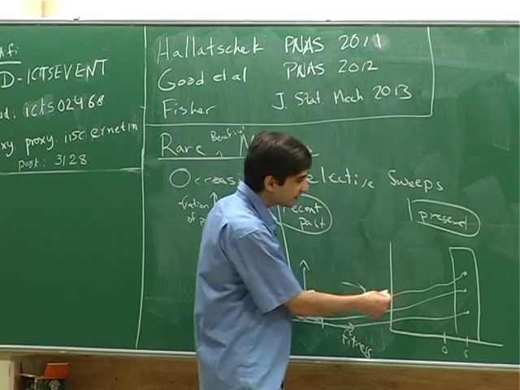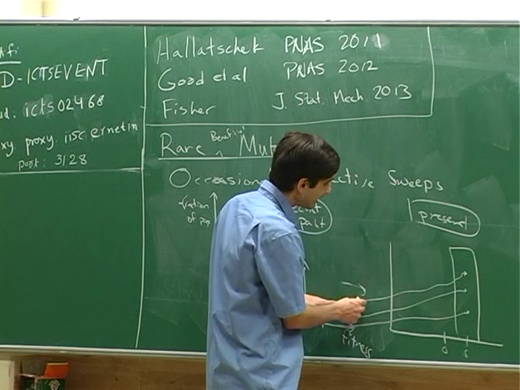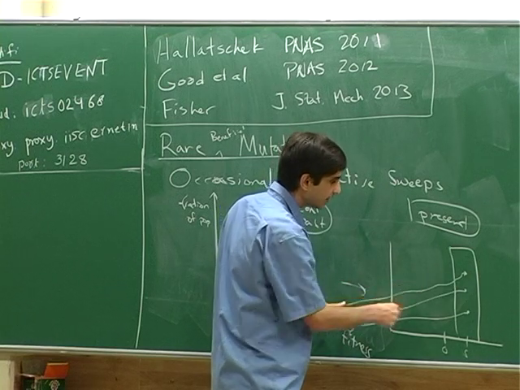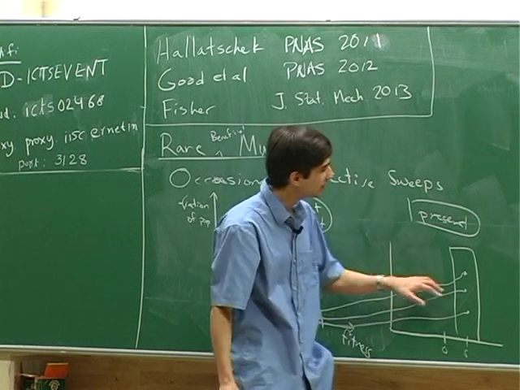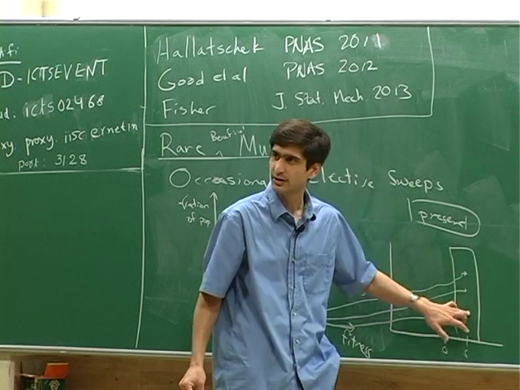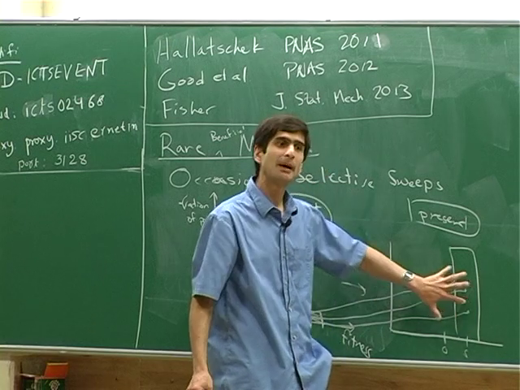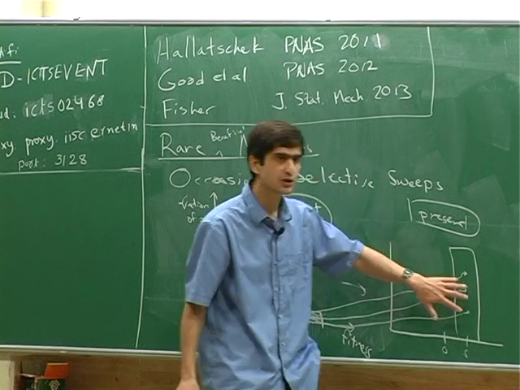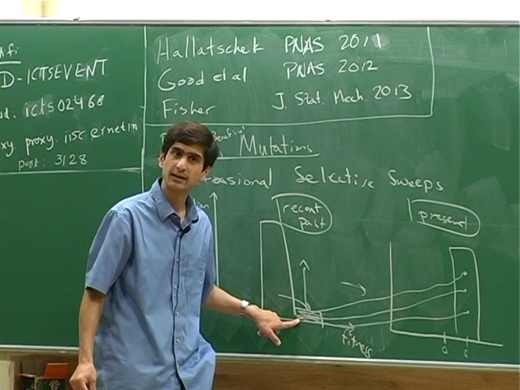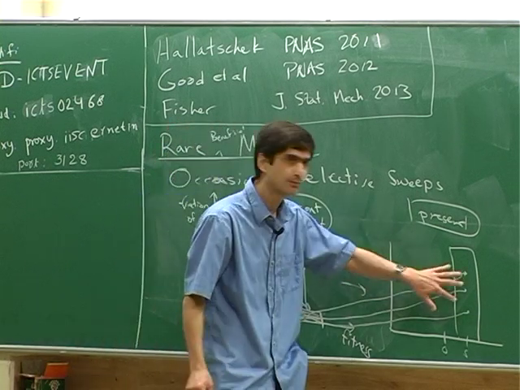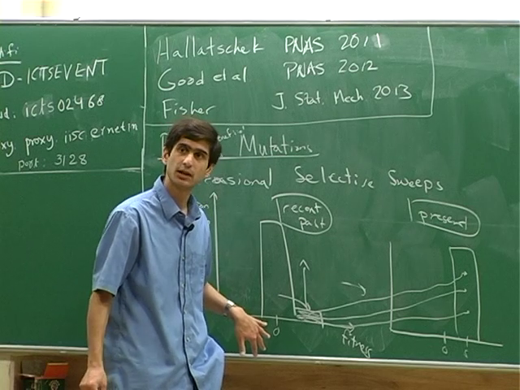If we sequence these individuals, they might have whatever neutral mutations occurred in this time, but they'd all have different mutations. There would be no mutations which two of these individuals shared and the third didn't. And the amount of neutral mutations that they have would just reflect how long it has been since this sweep, right? The longer ago the sweep was, the more neutral mutations they would have accumulated.